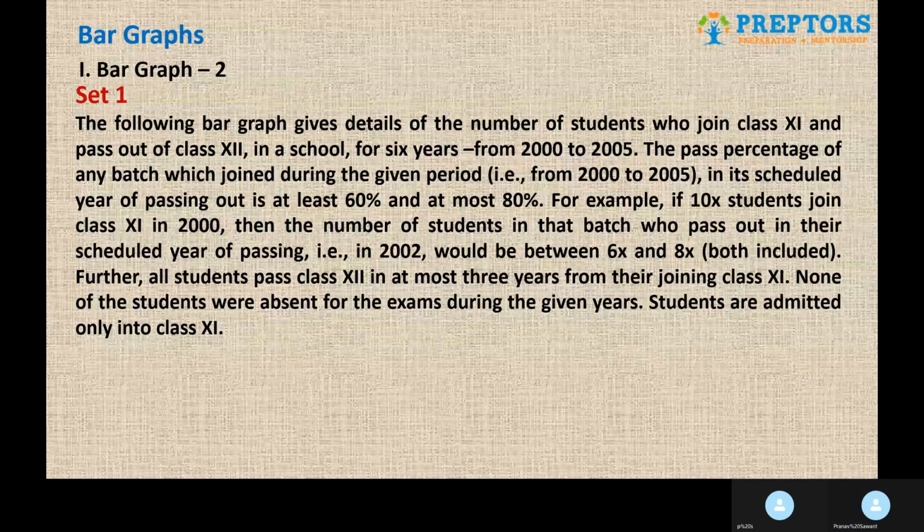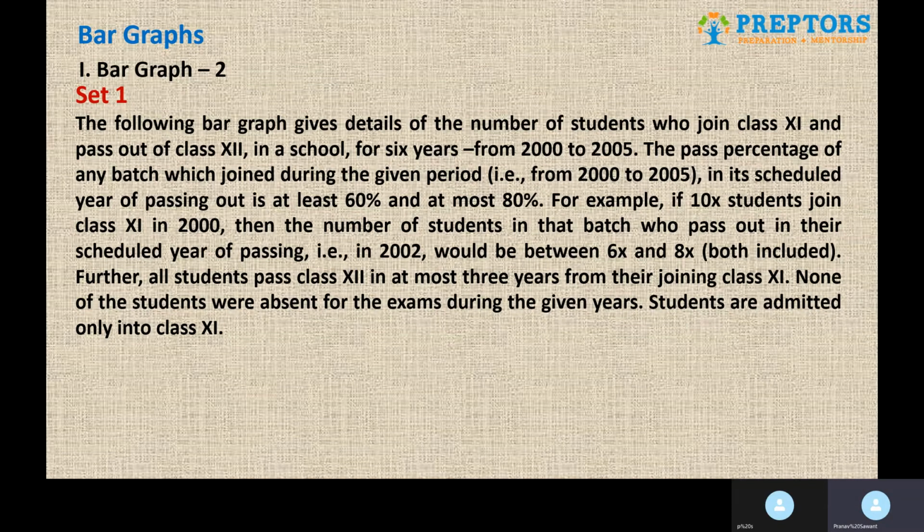Further, all students pass class 12 in at most 3 years from their joining class 11. None of the students were absent for the exams during the given years. Students are admitted only into class 11.